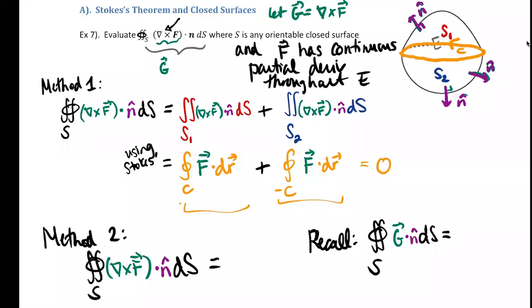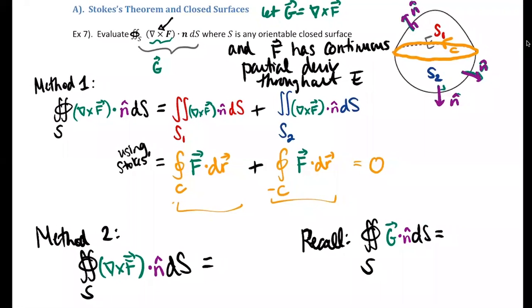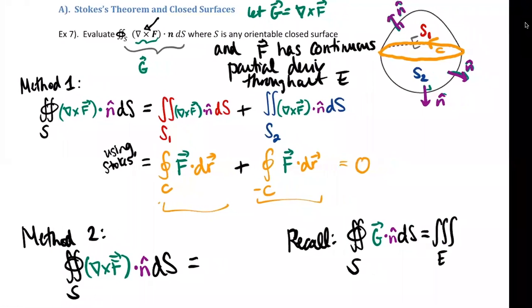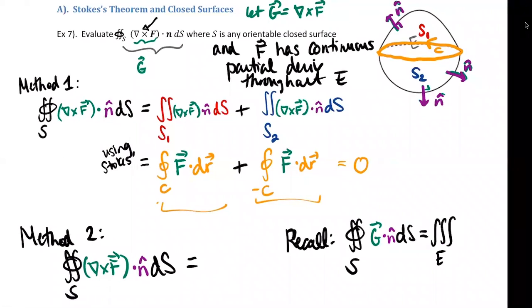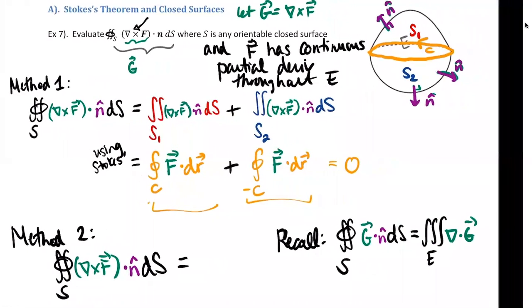I'm just going to write it here for a general vector G. The flux across the surface is going to be equal to the integral of the divergence over the interior. So over the interior, I'm going to have the divergence of G, and then I am integrating this. This is the divergence theorem.